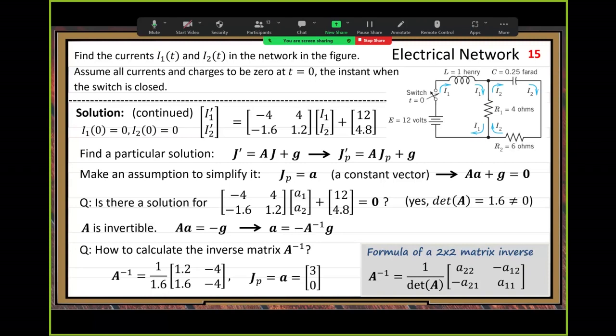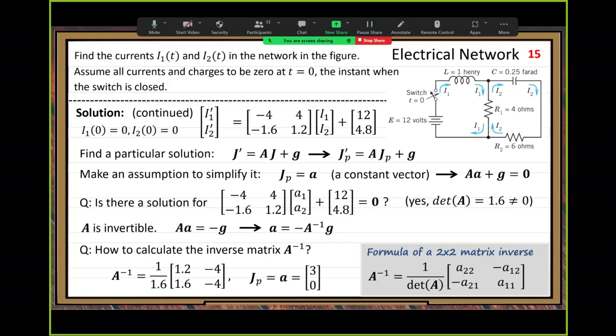So then YP equals negative A inverse times G. We do it on scratch paper. So we get YP equals this vector, 3, 0. That's the way we find this particular solution vector YP.